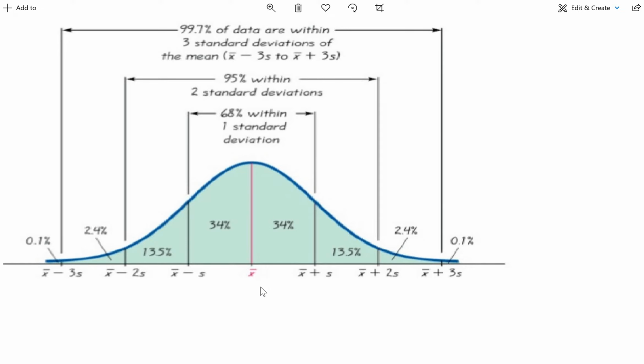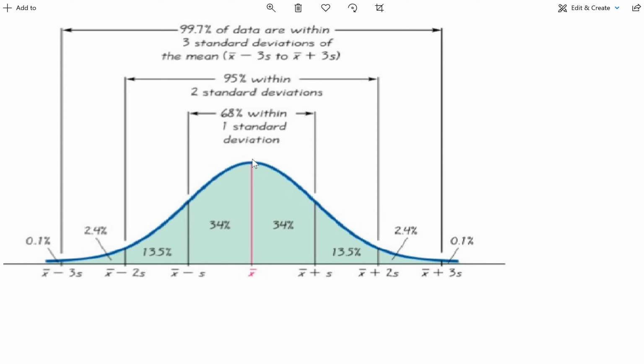One standard deviation of the mean means, see, this is your mean and plus one standard deviation will bring you here, minus one standard deviation will bring you here, and this area will cover 68% of the data. And 95% of the data lies within two standard deviations of the mean.